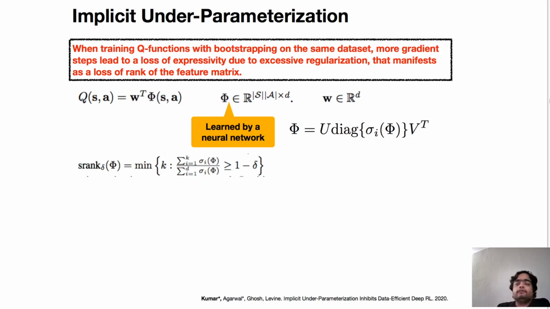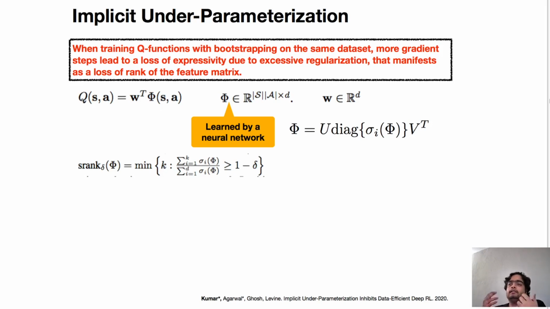So one way to define rank is to define it as the minimum number of singular components that occupy more than a threshold, which is 1 minus delta, of the total sum of singular values. The singular value defines the strength of each particular component, or effective basis, of a matrix.